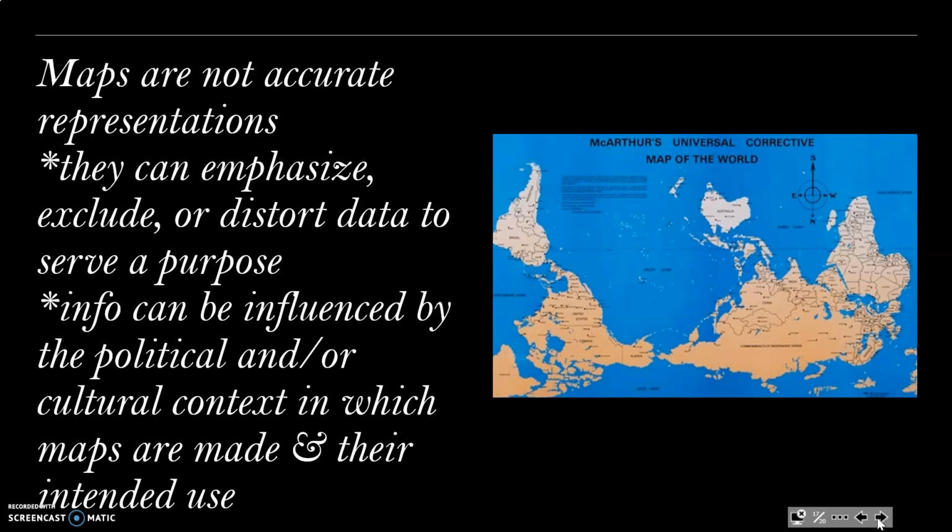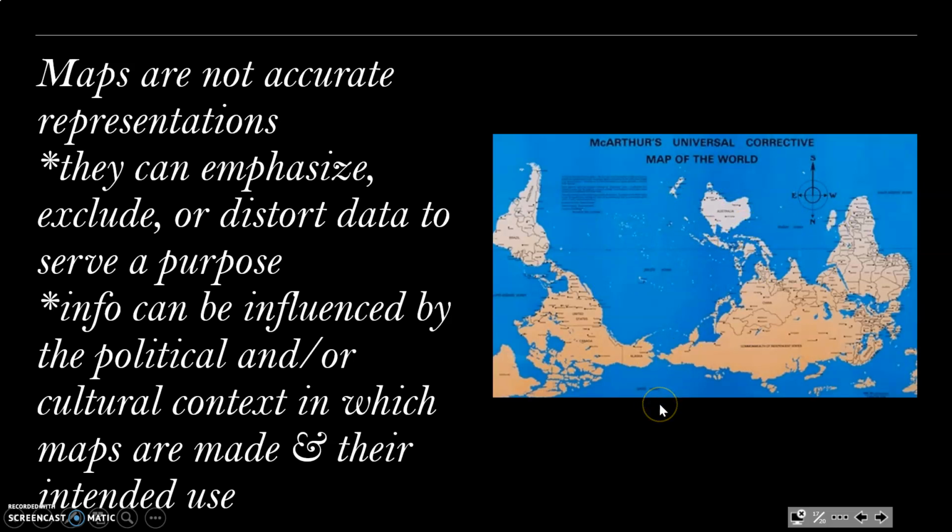Information can be influenced by the political and or the cultural context in which the maps are made and their intended use. So looking at this image on the screen, this is a map of the world. If you notice, here's the compass rose, north is facing down. Most of the world maps that we see have the United States right here in the center and Europe right to our right.